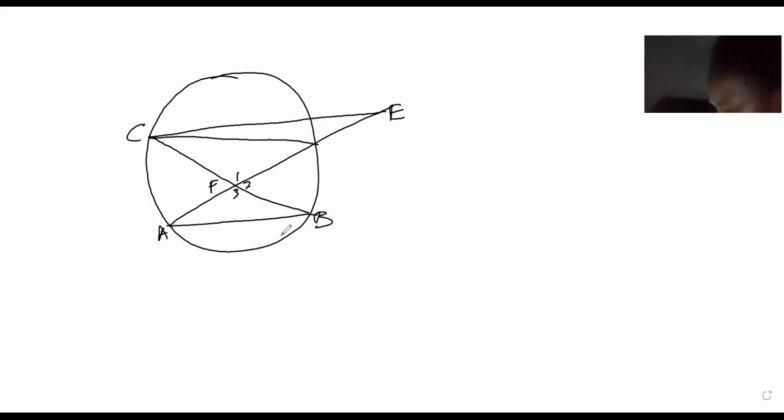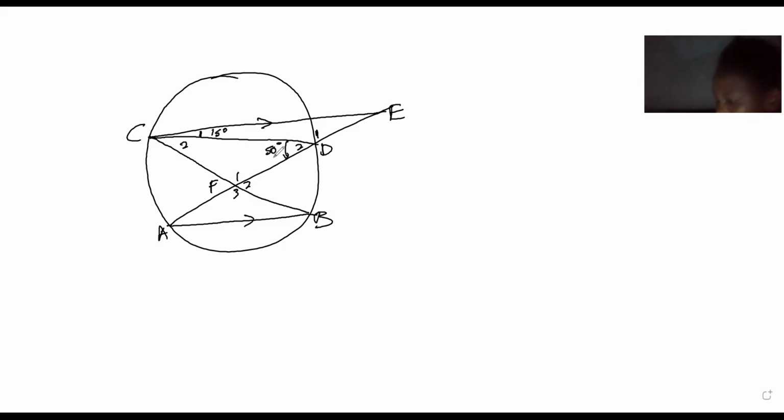A, B, C, 1 and 2. 15 degrees. And then this is parallel to this one. Then we've got D, 1 and 2. And 2 is 50 degrees.